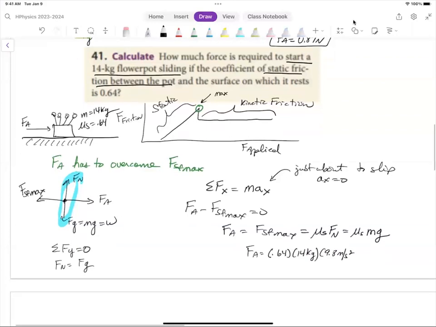I have a kilogram meter per second squared. That's good. Should come out to a Newton. That is equal to 87.8 newtons. The key thing on this is acceleration is 0 because I'm just about to slip.